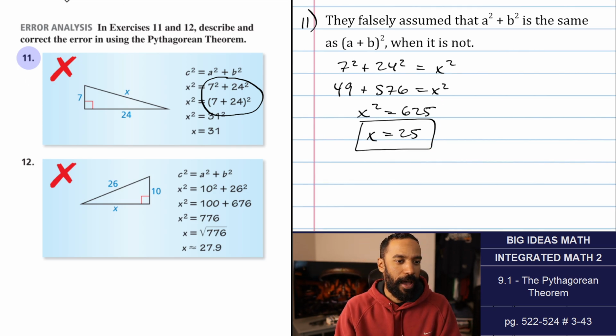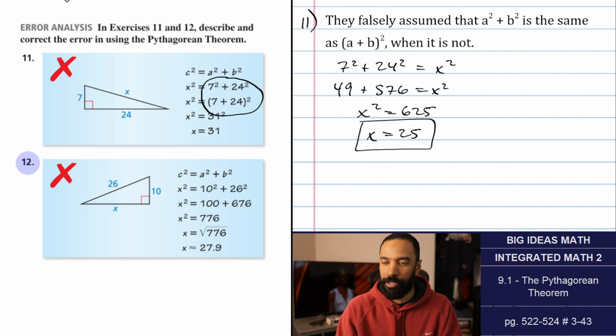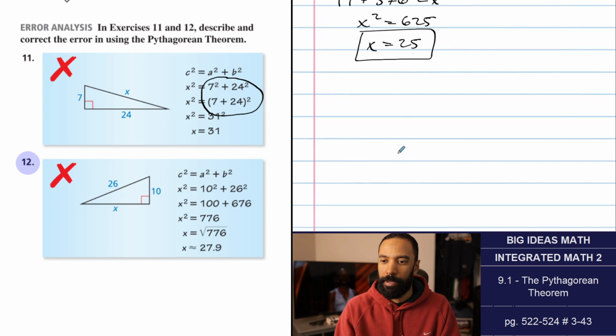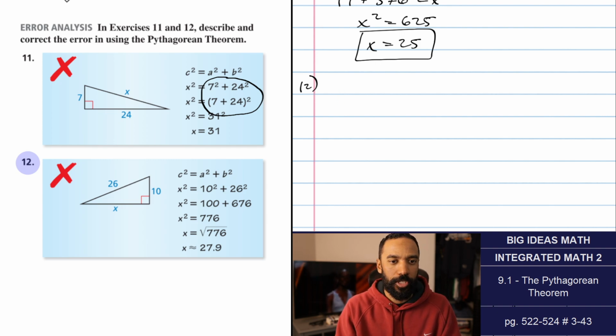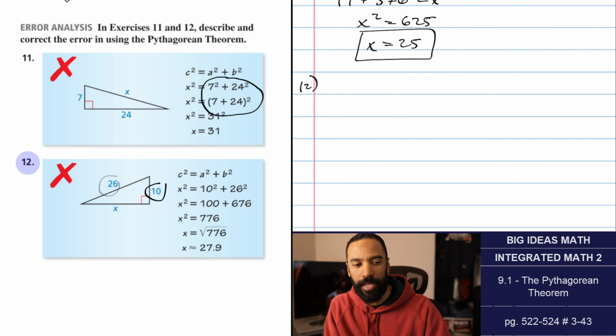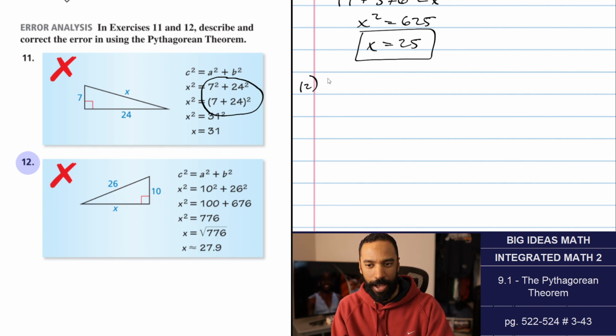All right, number 12. I'm going to assume that they made x the hypotenuse. So let's see. Because I see it as a leg. So number 12, they have 10 squared plus 26 squared equals x squared.